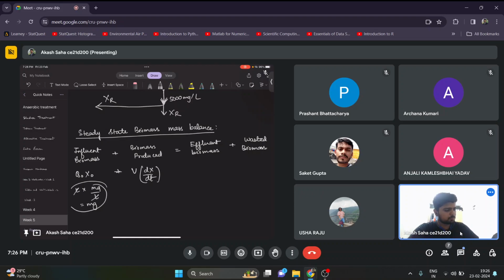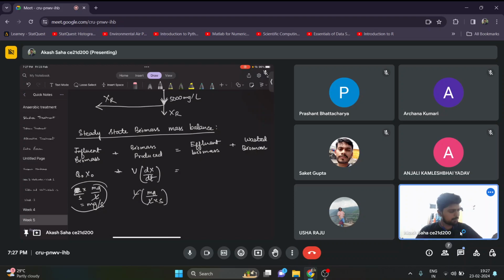Sorry, it will be meter cube per liter, not liter per second. So mass per unit time, milligram per second. Here also dx will be milligram per liter, dt will be in second, and to make the unit milligram per second, I will multiply it with another volume term. So liter will cancel. We will get mass per second. So biomass produced will be volume into dx by dt.